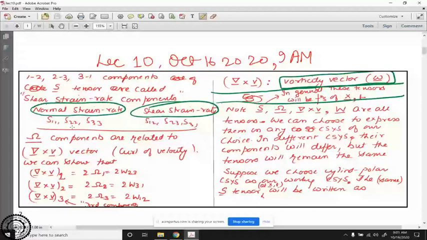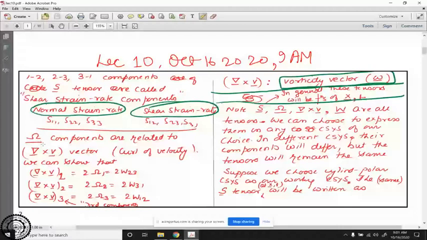I was also telling you that omega, which is the average angular velocity of a fluid element, is related to the curl of velocity field, which is del cross V. And the relationship is what I have shown here. Basically, there is a factor of 2. Del cross V is 2 times the average angular velocity.